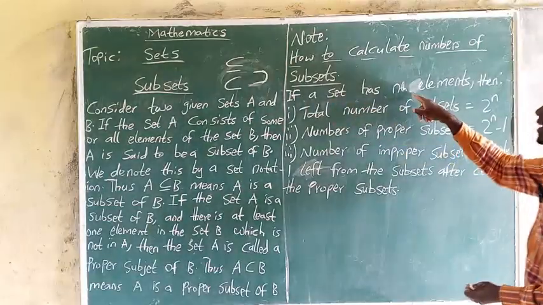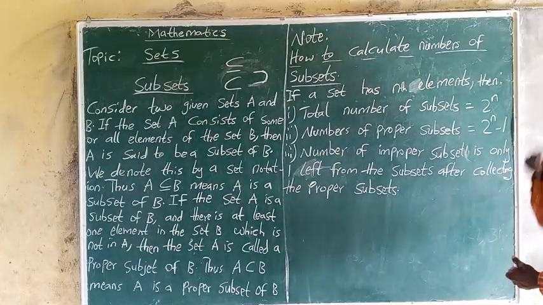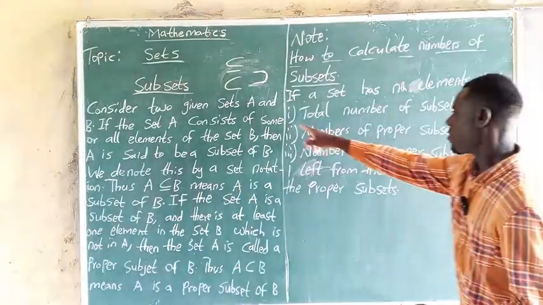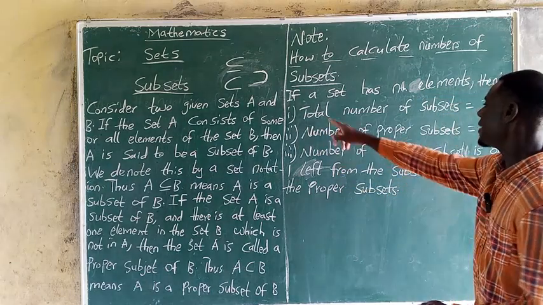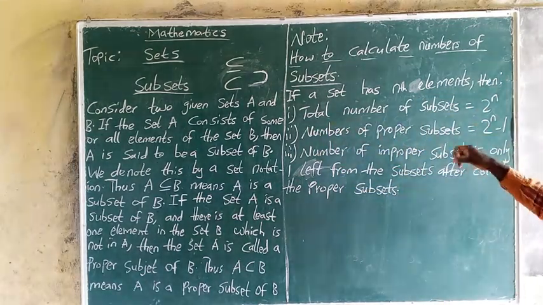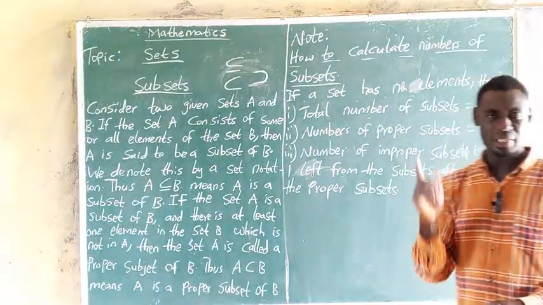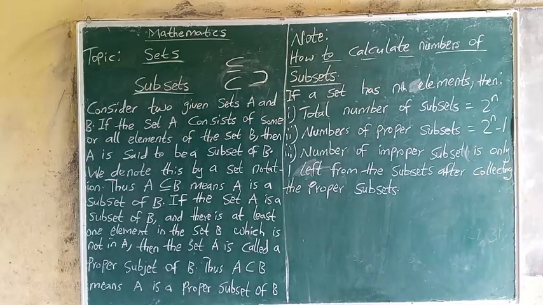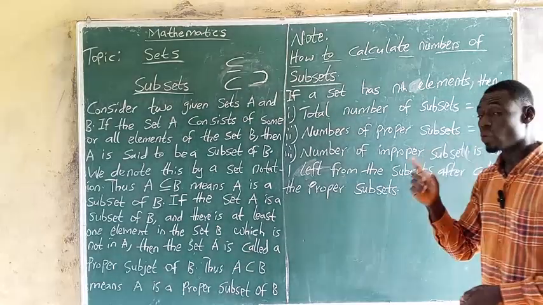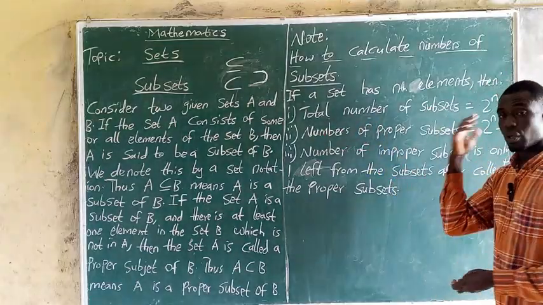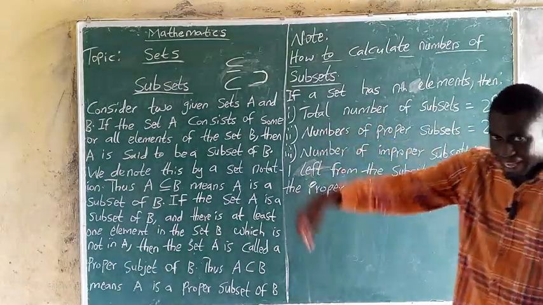How to calculate numbers of subset. If a set has n elements, the first thing is to find the total numbers of subset. If they say calculate the subset of a given set, the first thing you need to identify is the total elements inside that set.